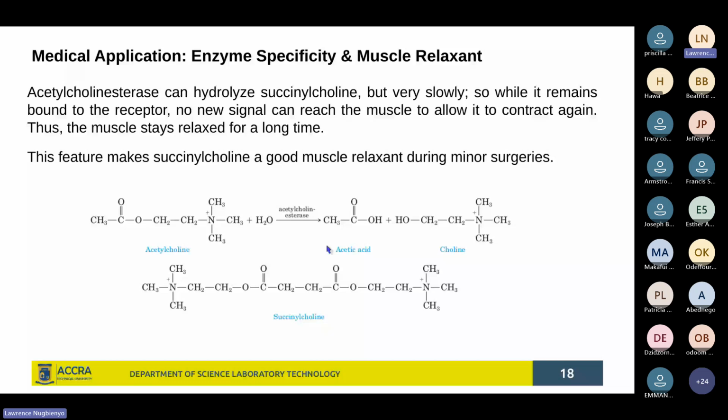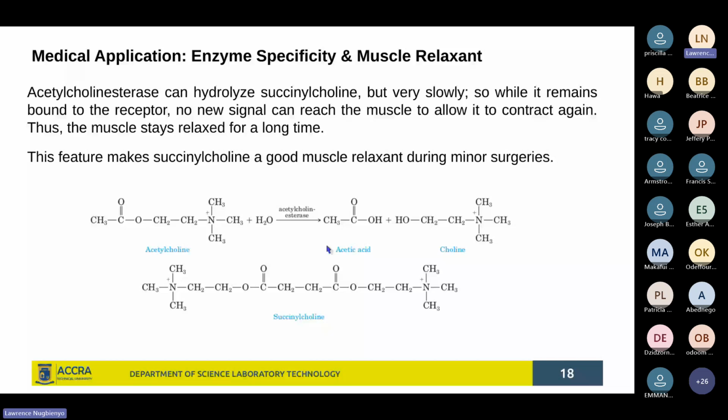It's a bigger molecule, and when it attaches to the muscle receptors, it takes time for acetylcholinesterase to hydrolyze it, compared to acetylcholine, the original neurotransmitter involved in the contraction and relaxation of the muscle.